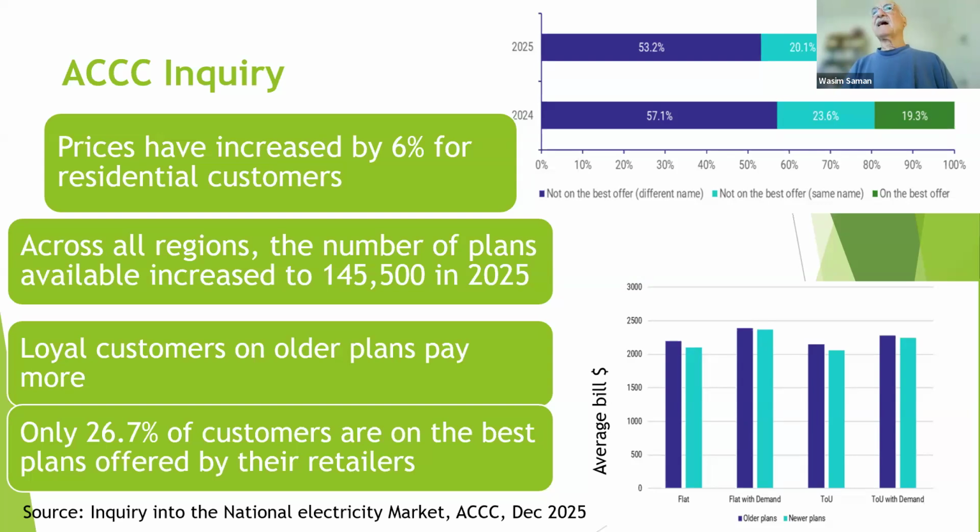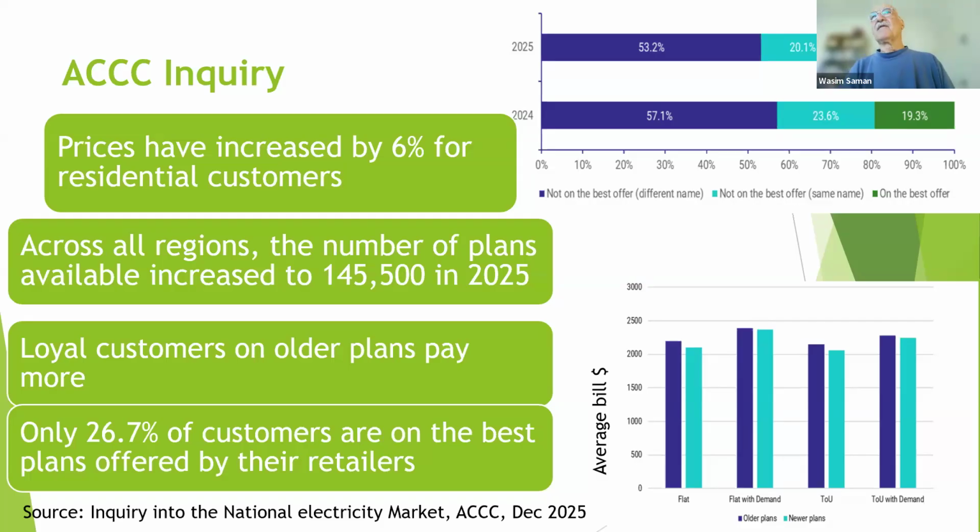The rest are not, but the surprising amount is that 20.1% are not on the best offer, even though they have a similar name to a very good offer. So the companies have been providing lots of different offers with the same plan name simply to confuse us.